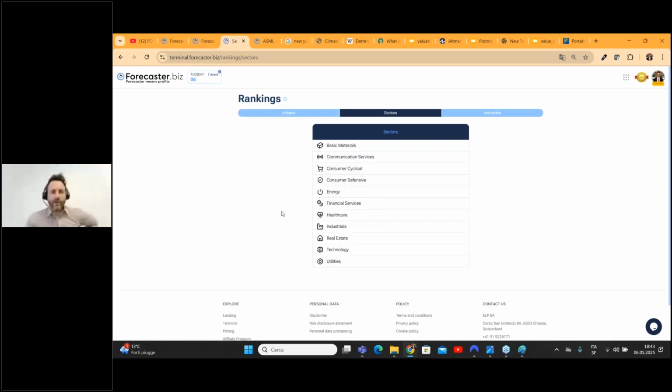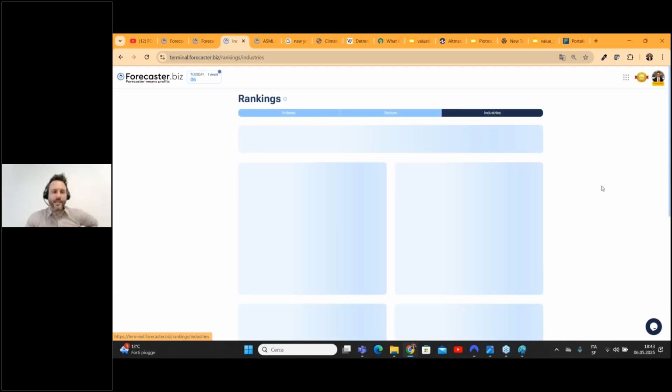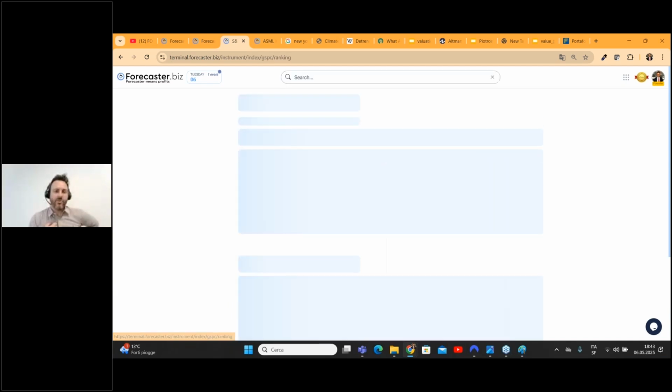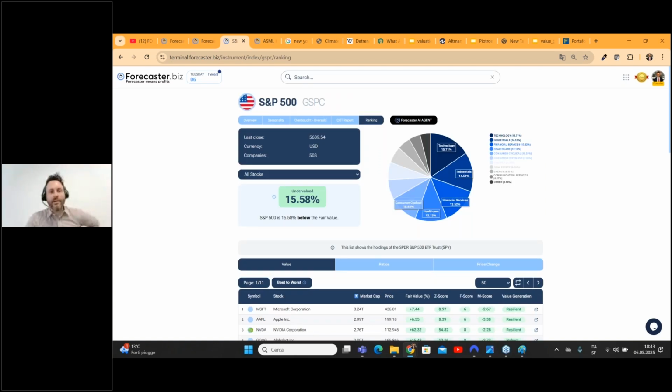For every layer, for example, let's go to the S&P 500. We talked about this feature in the previous lesson, because as you can see, you can find the over or undervaluation for the entire index.